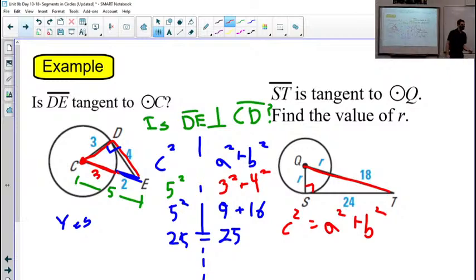Once again, our hypotenuse is combining two different distances, a radius here and an outer piece here. So my entire hypotenuse is not r, it's not 18, it is those two put together. So if I were to write it in terms of that, it would be r plus 18, and that's what would go in for c, and that would have to get squared.